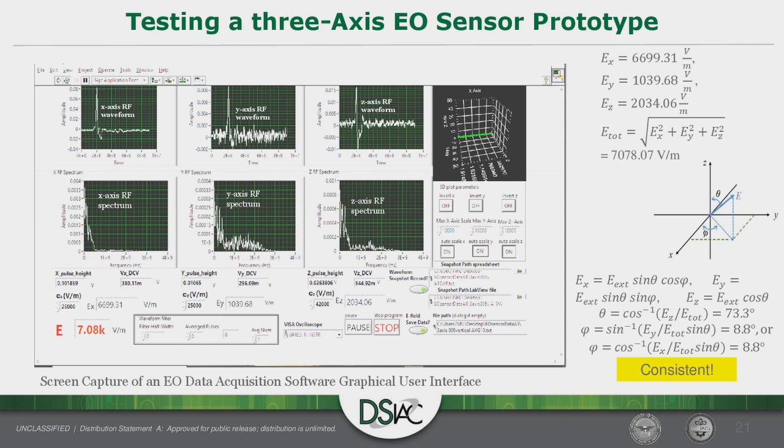So it's very close to that number. And now from this XYZ component, using the equations shown here, you can extract the incoming angle theta and phi, and that's 73 degrees and 8.8 degrees, which is highly consistent with what we already set up in the experiment. Next, please.